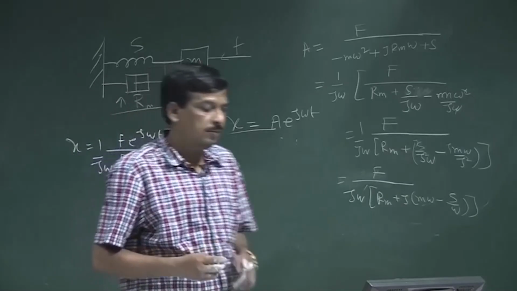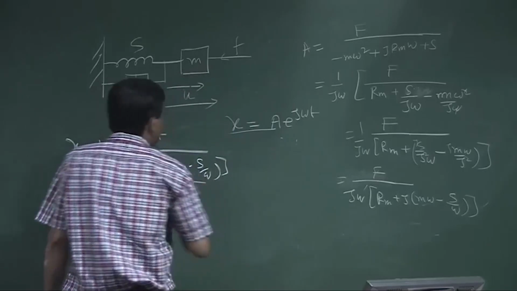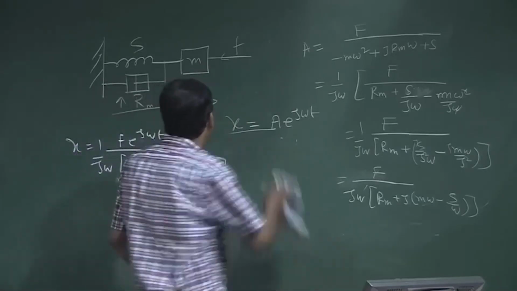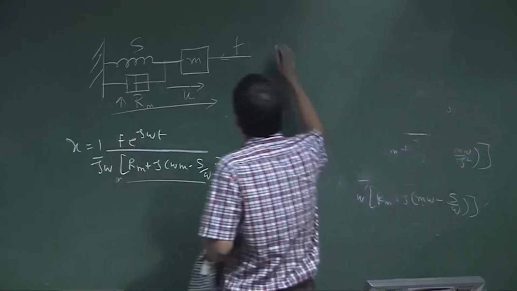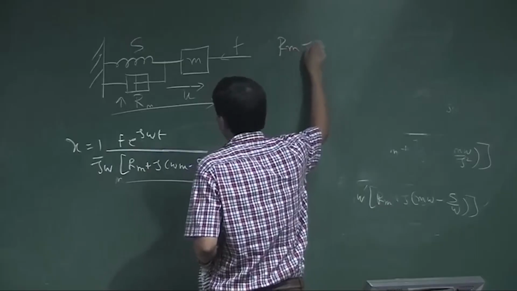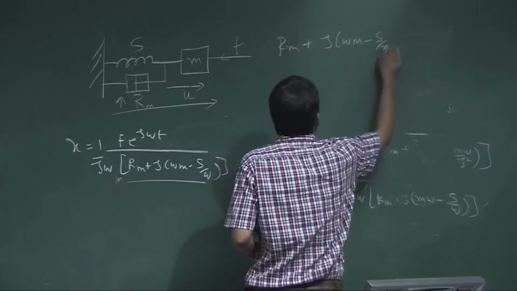Let us consider this part: this r m plus j omega m minus s by omega.